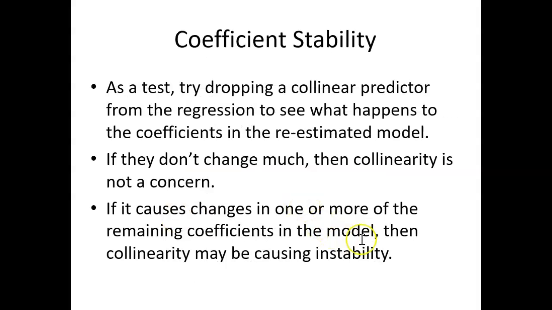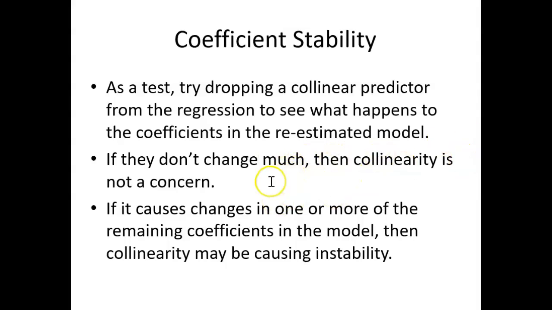Another thing that you want to consider is coefficient stability. If we have two variables that are strongly correlated, what we want to do next is try dropping one of the predictors from the regression to see what happens to the other coefficients. So in that situation, we drop the number of bathrooms from the model to see if that's going to affect the coefficient on the square foot.